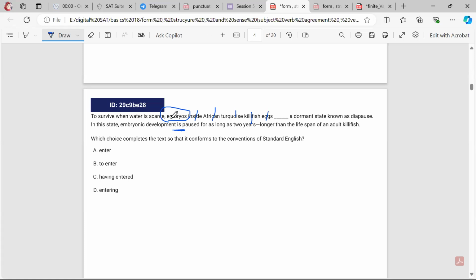No, I cannot say he to enter, they to enter. So we don't need non-finite, we need finite. That's why we applied 3 to 1. You see, 3 to 1 worked now, right? Because here we have 1 finite and 3 non-finite. To enter is non-finite. Having entered non-finite, entering is non-finite.